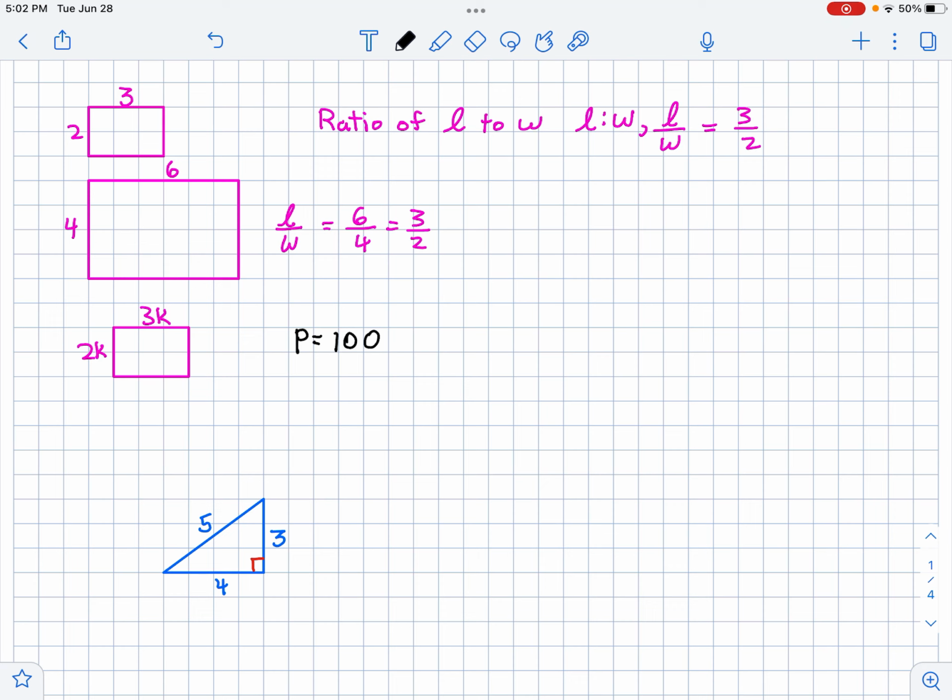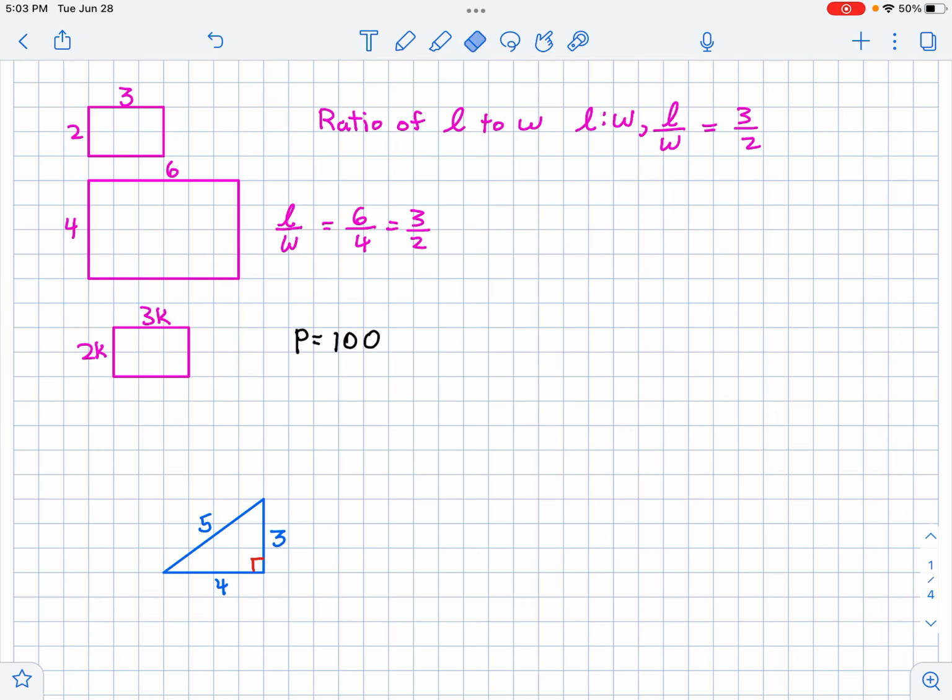Well, look at this little rectangle I drew here. I just put 3 and 2 for the length and width, but I put a K with them, because I'm going to multiply by something. I don't know what, but I want to maintain that ratio. If you put 3K over 2K, it's just 3 over 2 because the K's cancel. So I want to figure out what K needs to be if the perimeter is 100.